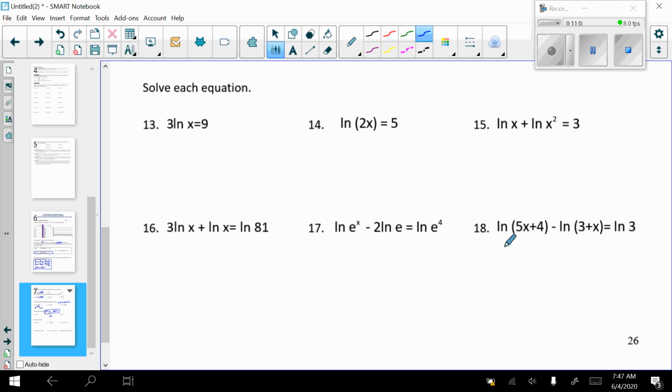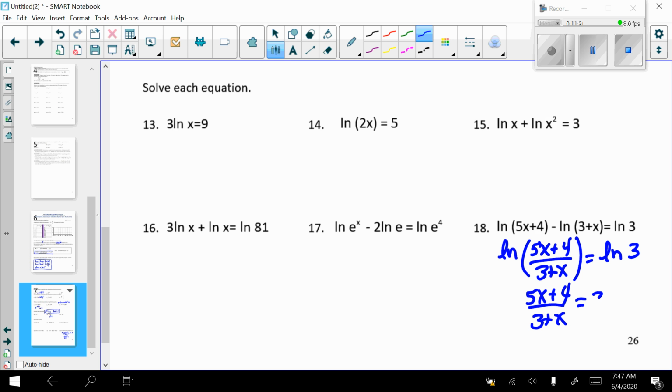We see the subtraction, so I know I'm going to do natural log of (5x plus 4) over (3 plus x) equals natural log of 3. But since they're both natural log of something, we know those two somethings, the arguments, have to be equal to each other. Works the same way.